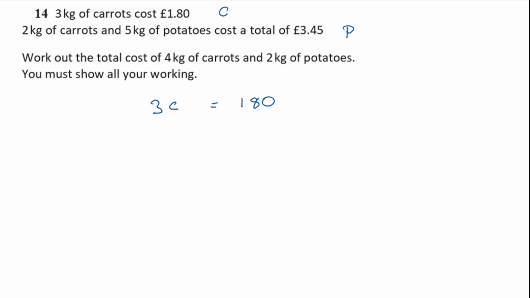So I'm going to write down 2C plus 5P equals 345. Now we want to work out the cost of 4 kilograms of carrots and 2 kilograms of potatoes. So what is 4C plus 2P equal to?